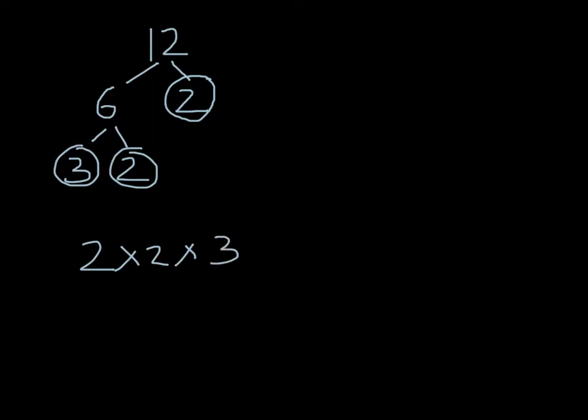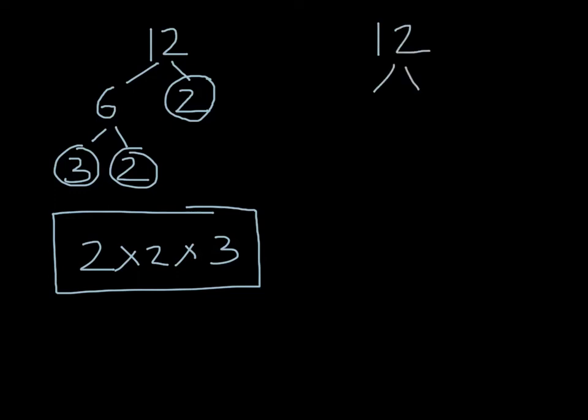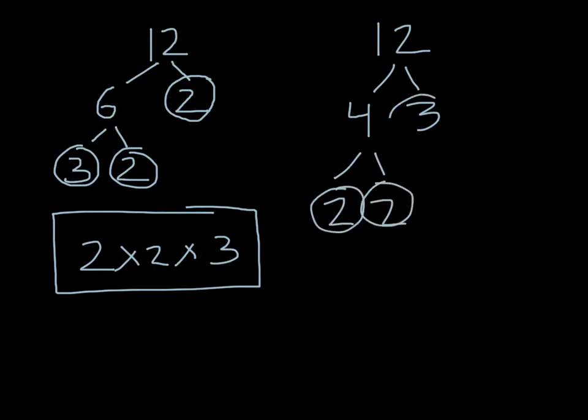And again, I still come up with 2 times 2 times 3, which was the same prime factorization I came up with in the last example when I broke 12 down into 4 times 3, and then 2 times 2. So as you can see, anytime that you take a number and break it down using a factor tree, you can do it different ways. And as long as you're using correct multiplication, you'll always get the same prime factorization.